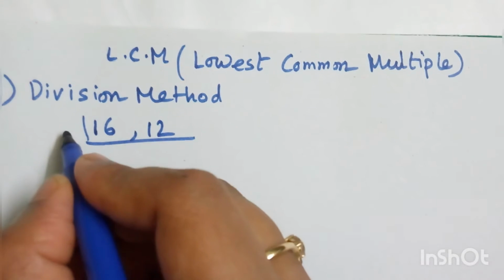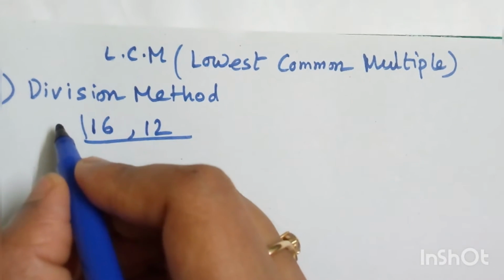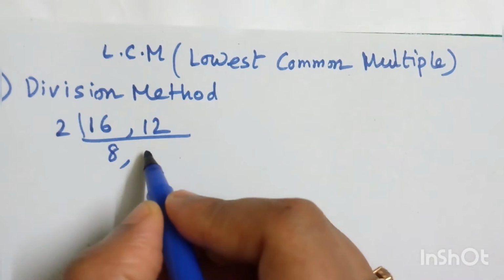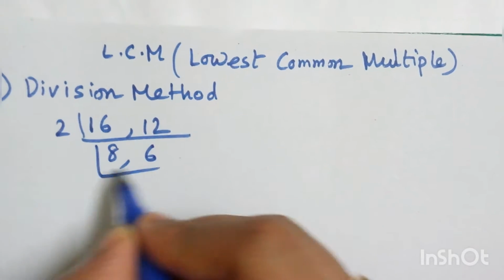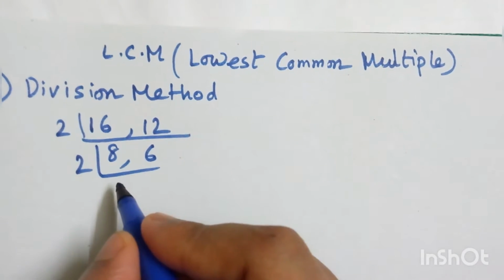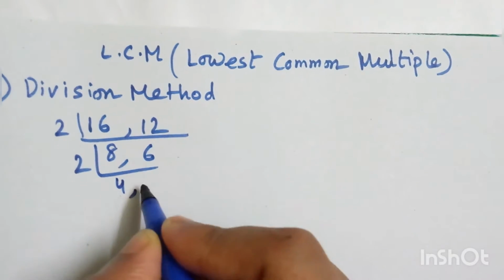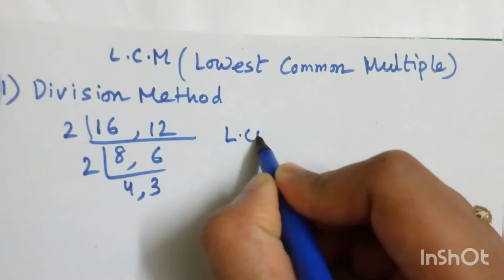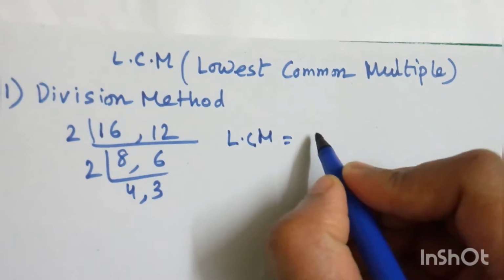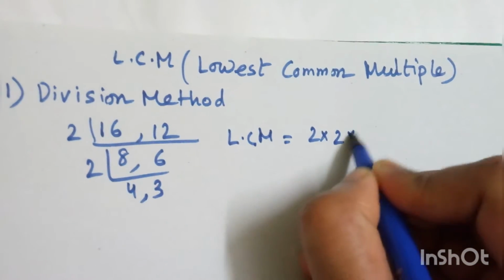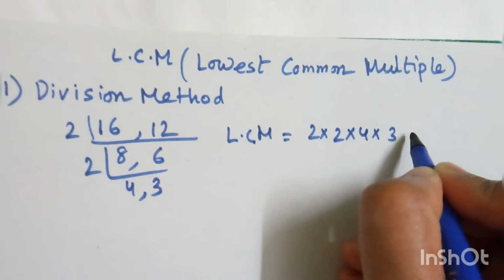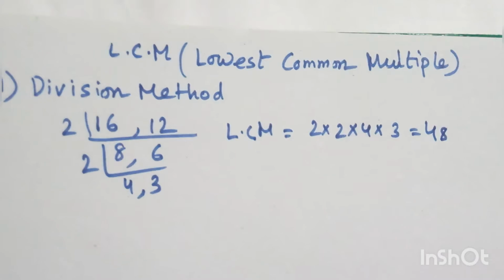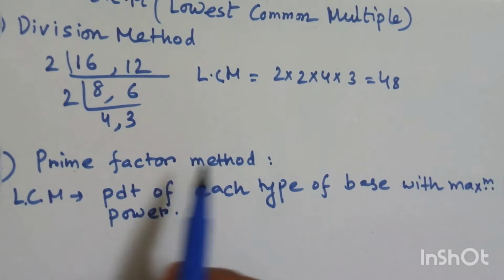We divide this with prime number 2, it is 8, it is 6, then with 2. So here the LCM will be 2 into 2 into 4 into 3, that is 48.